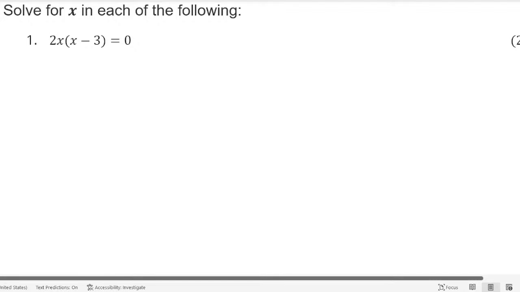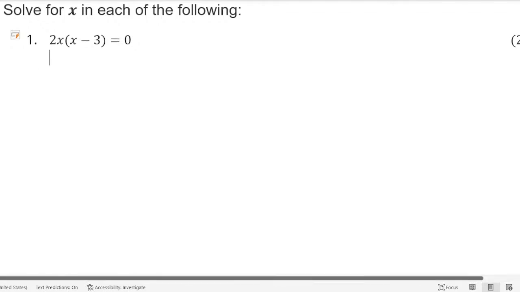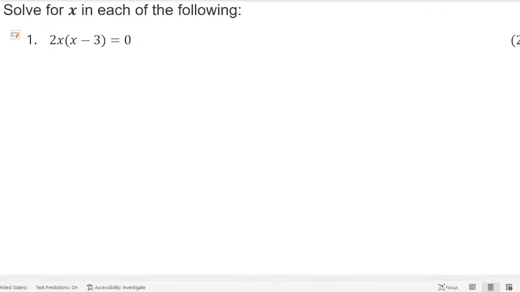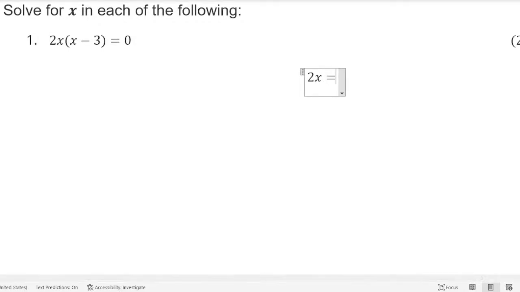Here you're going to say 2x is equal to 0 or x minus 3 is equals to 0.